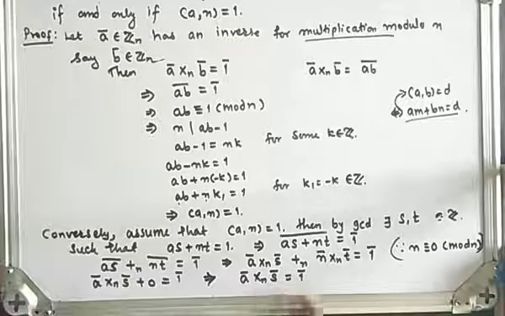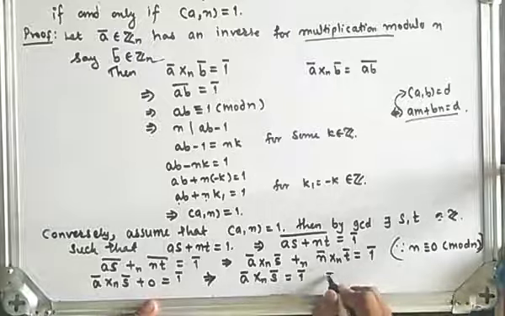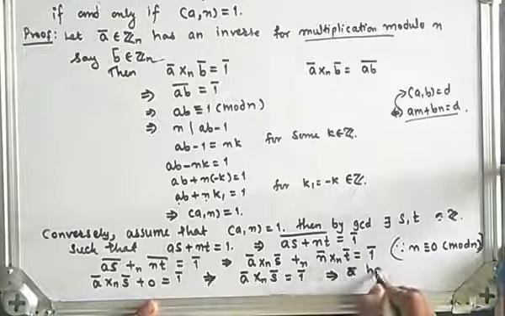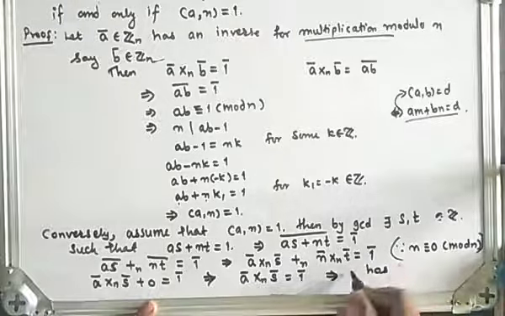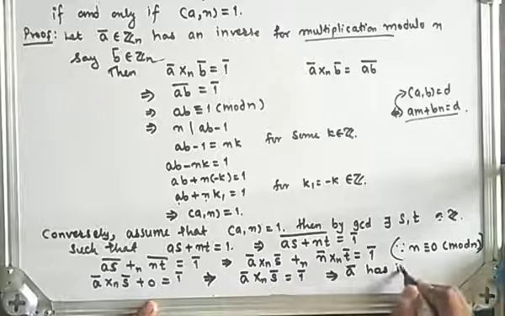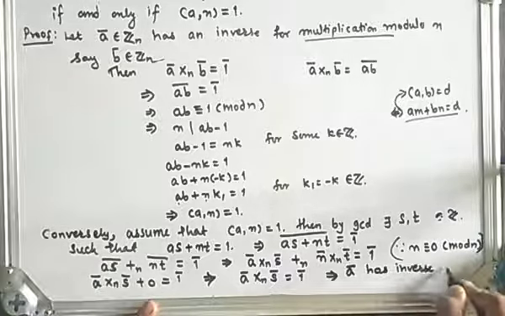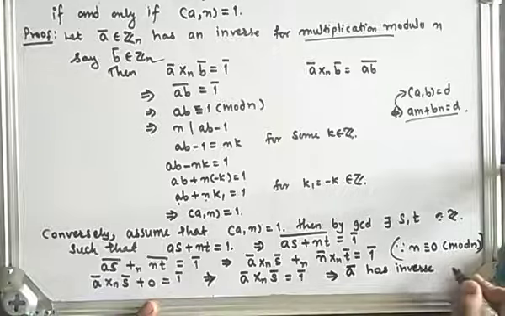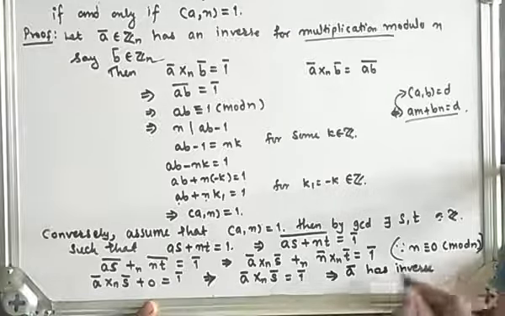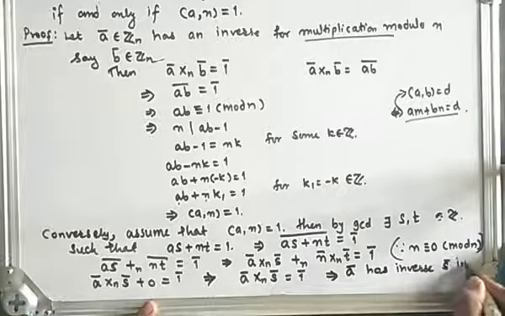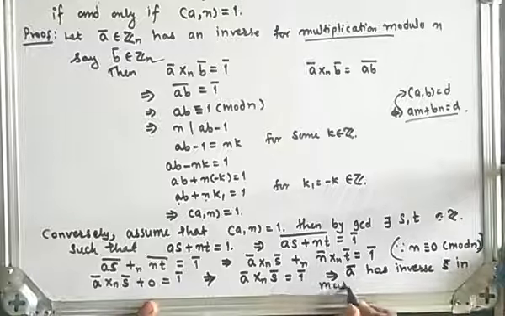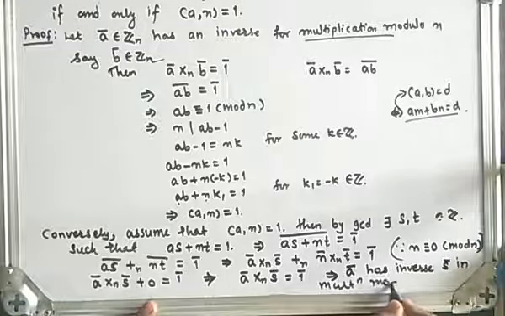So therefore this implies a bar has inverse s bar in multiplication modulo n. Hence the proof.